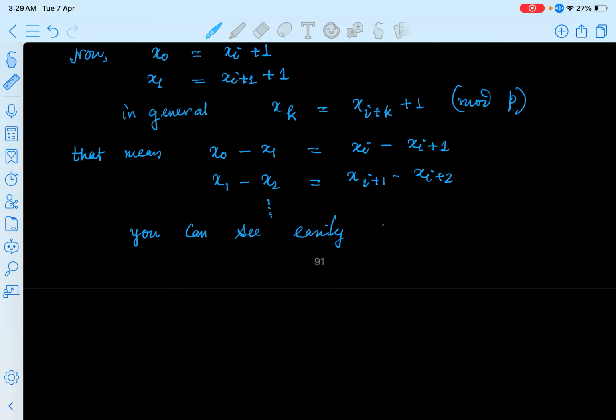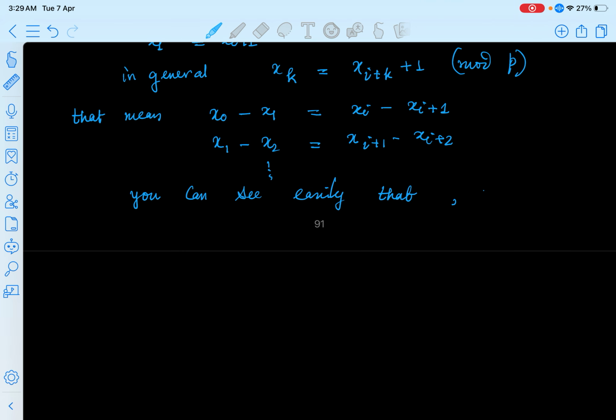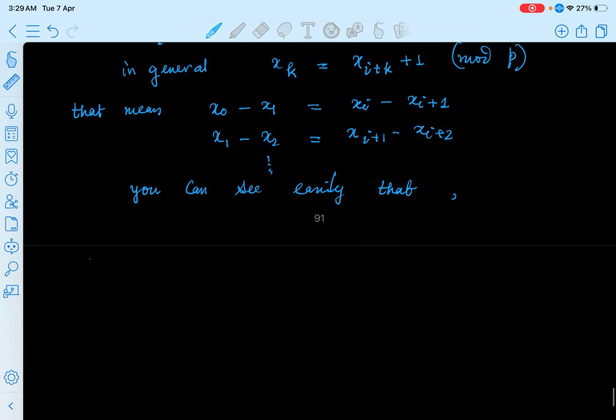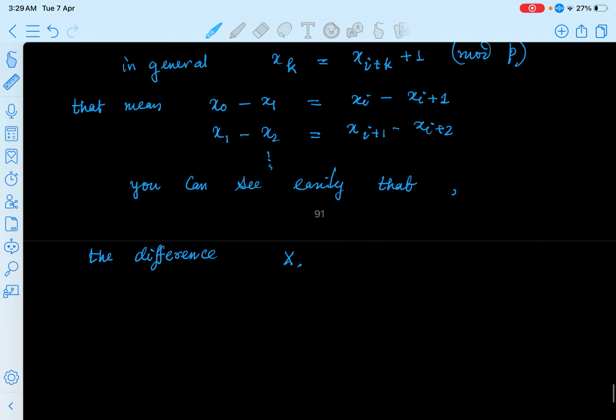the consecutive difference xk minus xk minus 1 is constant for all k from 1 to p.